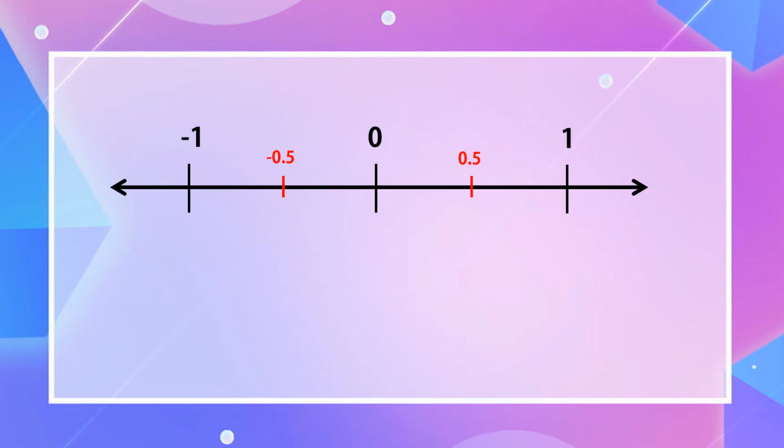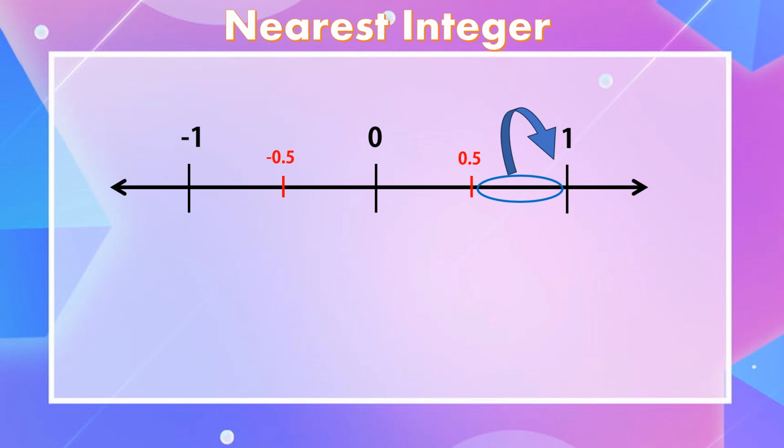Let us see how the values are rounded off in various cases. When the parameter is in the range of 0.6 to 0.9, then it is rounded off to the next higher integer, the nearest one. And if the value is in the range of 0.1 to 0.4, then it is rounded off to the nearest value, that is 0.